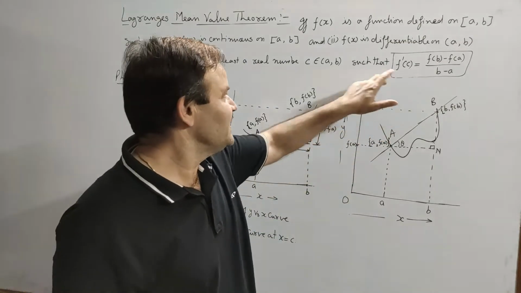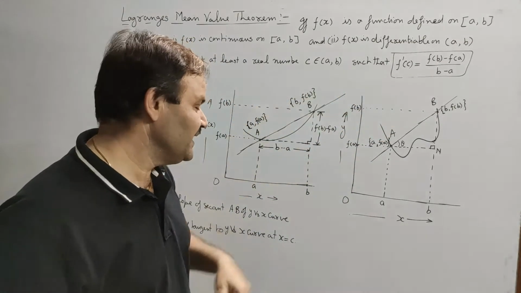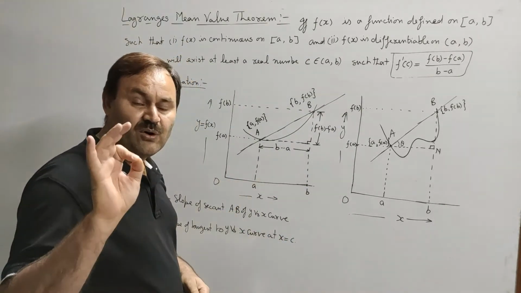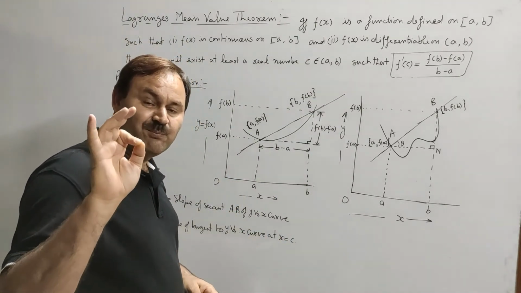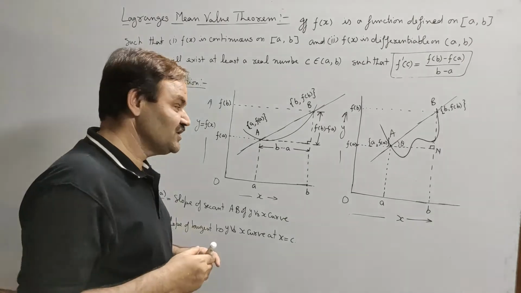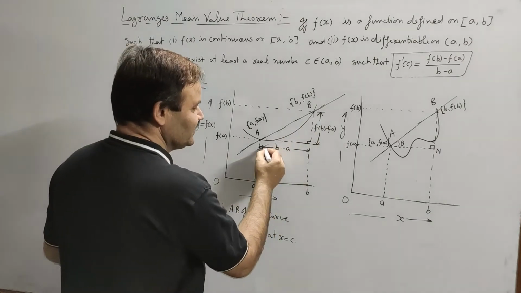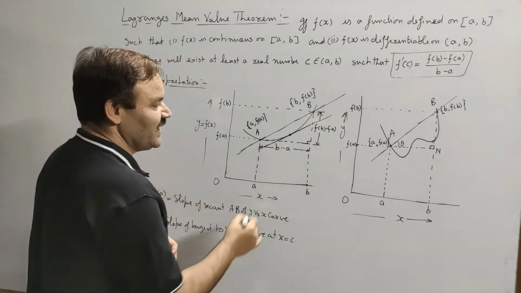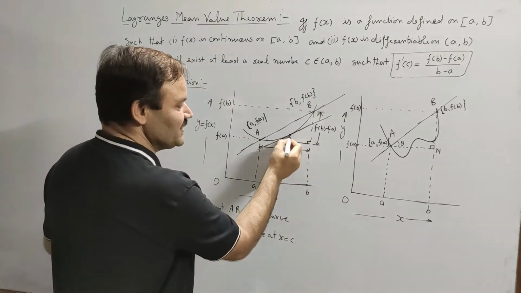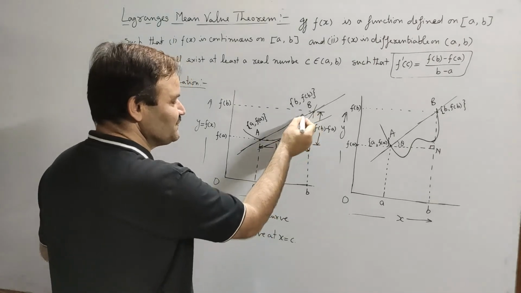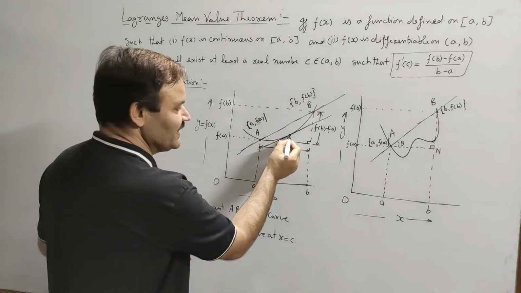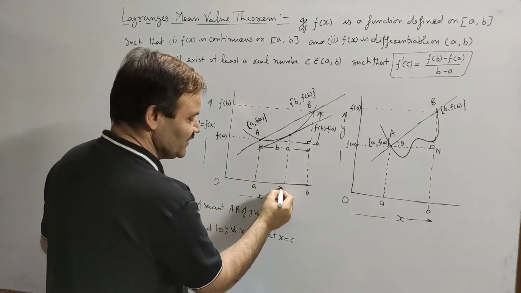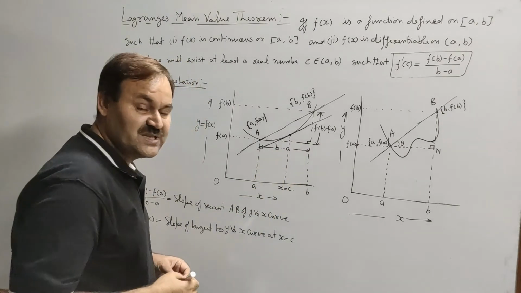Since c is lying between a and b, it means in between a and b there will always be a point at which the tangent to the curve will be parallel to the secant AB. So this point will correspond to x equal to c.